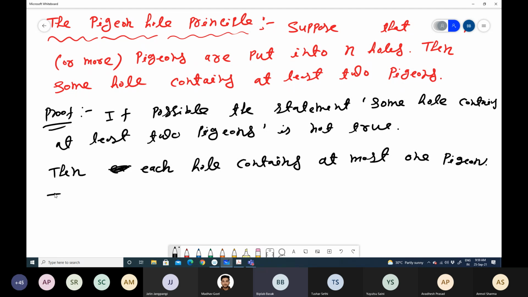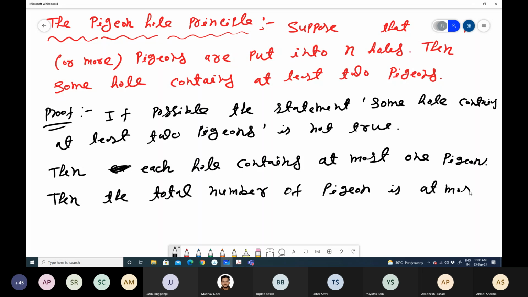Then the total number of pigeons is at most 1 plus 1 plus up to n terms, since you have n holes. So the value is n.